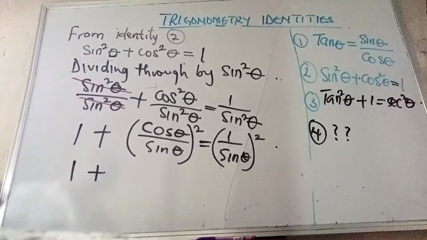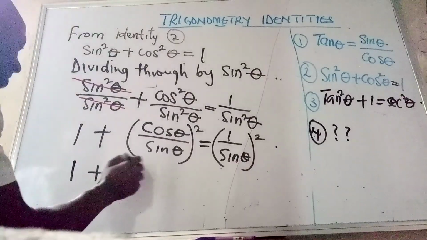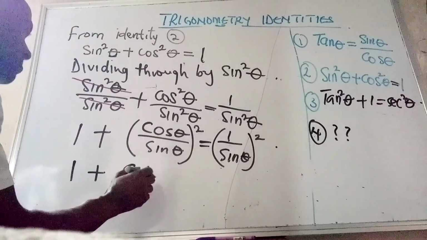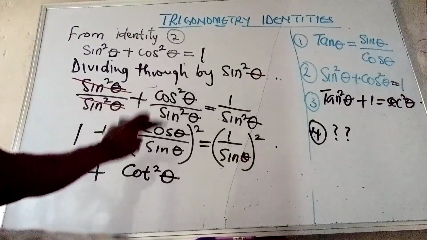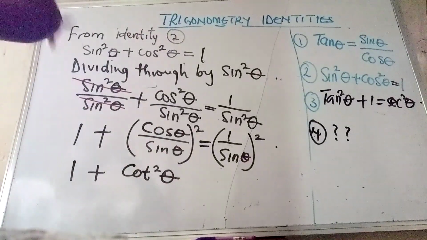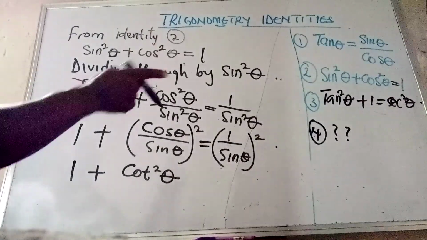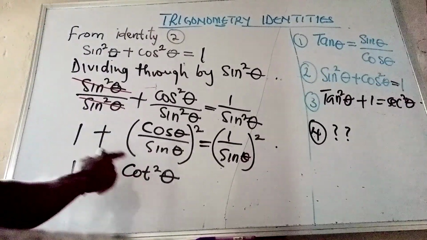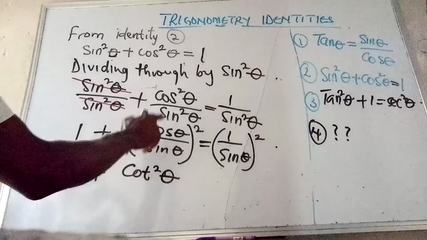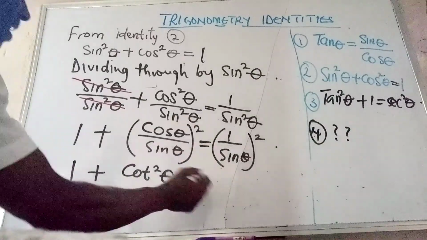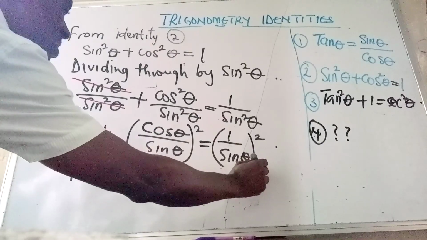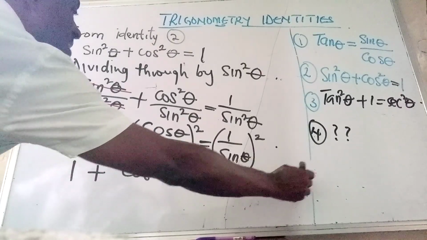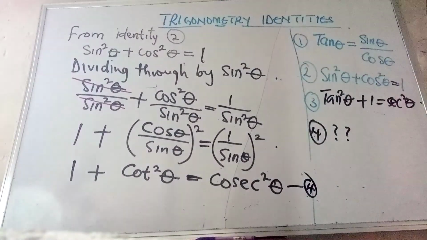All of this information you will find in episode 1. That means this will be cotan square theta, because cosine over sine is the reciprocal of tan, and the reciprocal of tan is cotangent. That is why we have cotan square theta, because of this square, equals to cosecant square theta. That is the fourth identity.